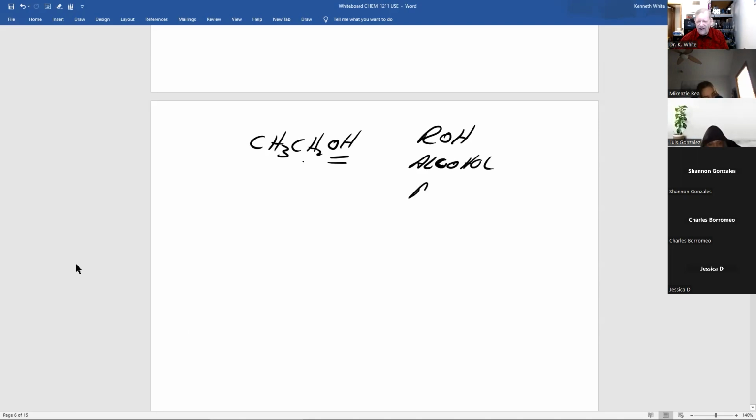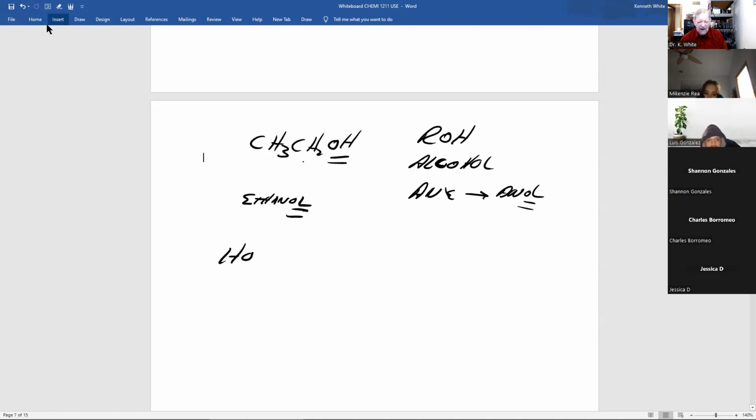And you find the longest chain, name it as an alkane, and replace with OL. 2 carbons, ethane, and that would be, you can tell I'm an organic chemist. Instinctively, I start putting OH. No, that's OL for the name, ethanol.